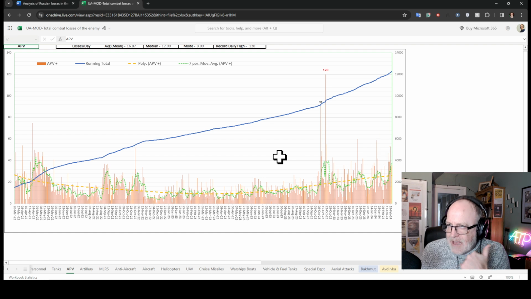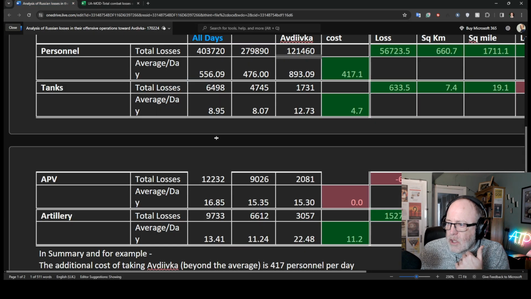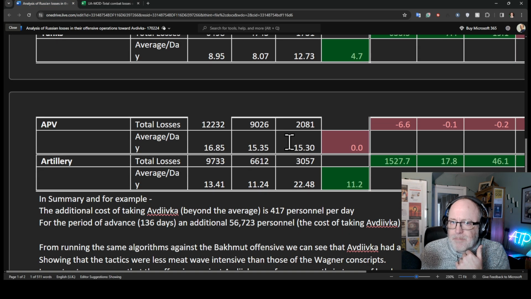So Avdiivka has meant a huge uptick in equipment losses. However, that's compared to, say, this period, but it doesn't factor in other huge areas of losses at the beginning of the war and in the Kharkiv and Kherson counteroffensives. So I think that's why you get a 0 there, no change.